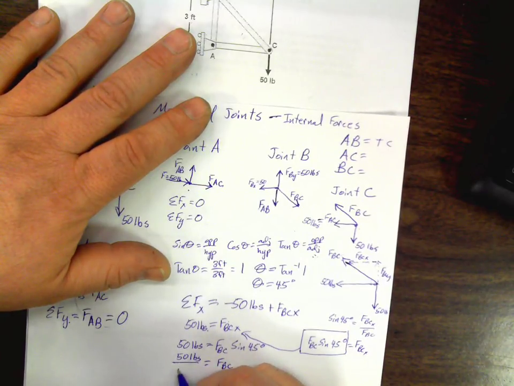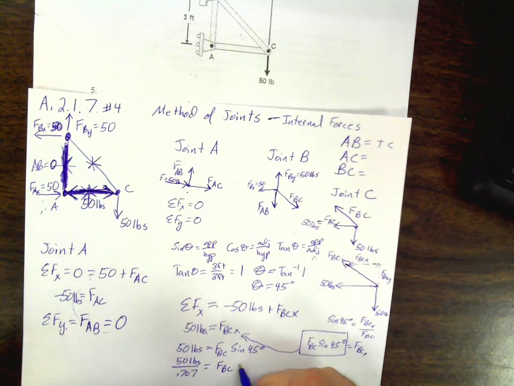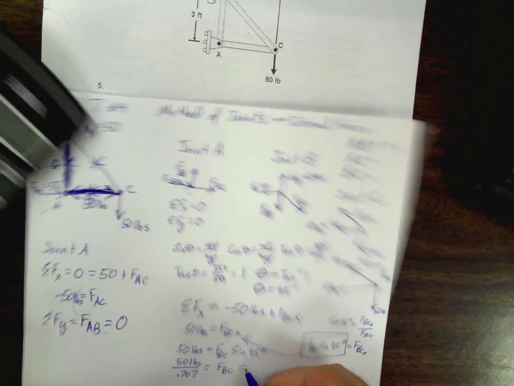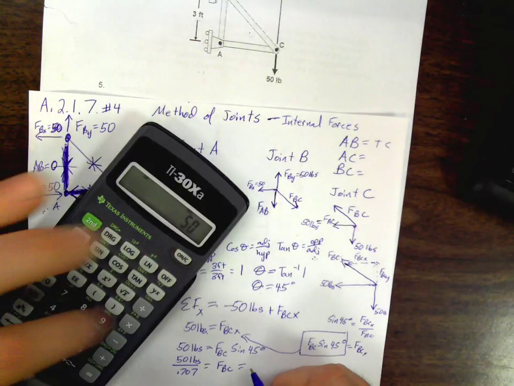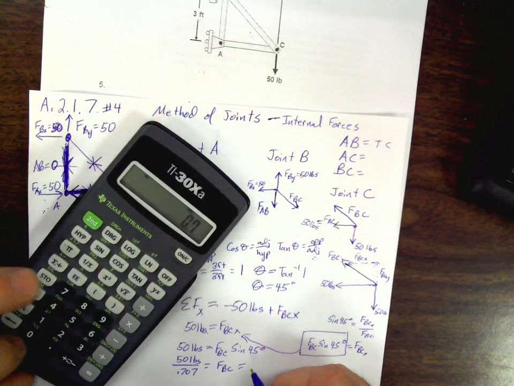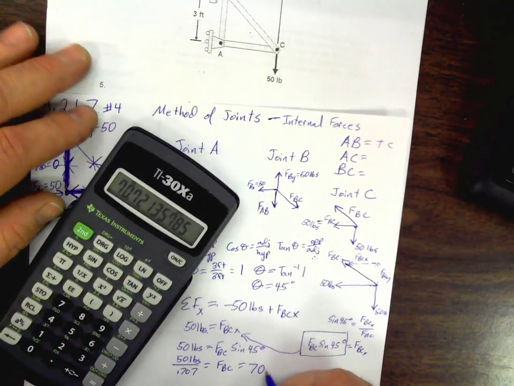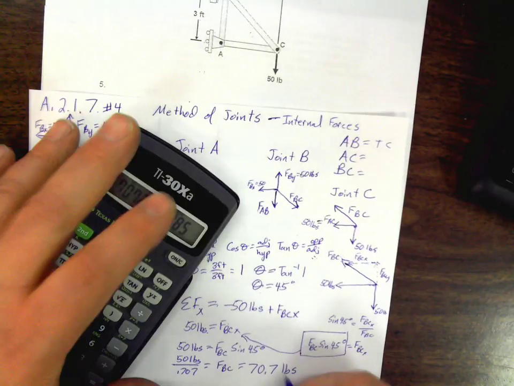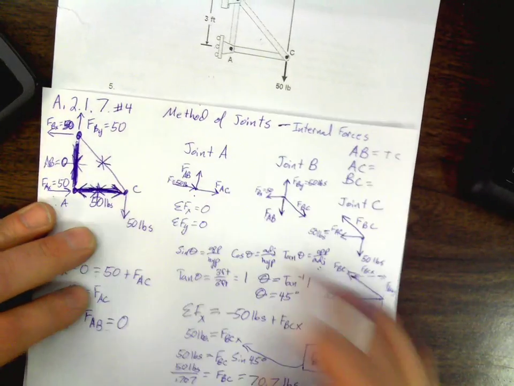So the sum of the forces in the y equal 0. We got the force of AB, which we already determined was 0 pounds, plus the force of BY, which is 50 pounds. Let me write this out too. So force of AB, which we know is 0, plus the force of BY, which we know is 50 pounds.